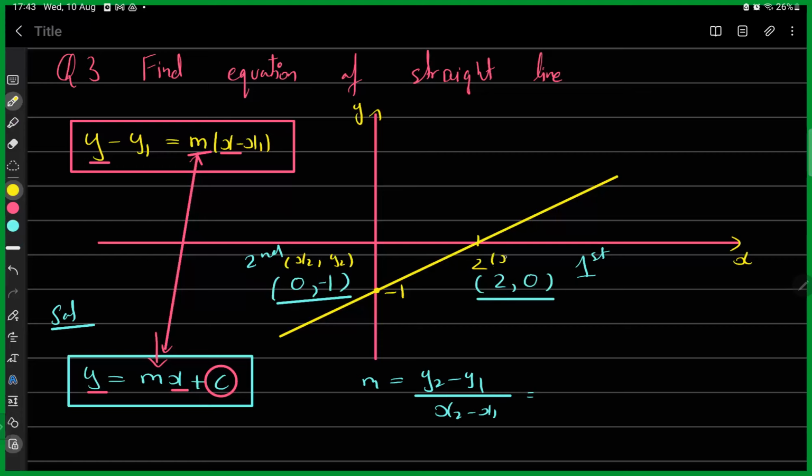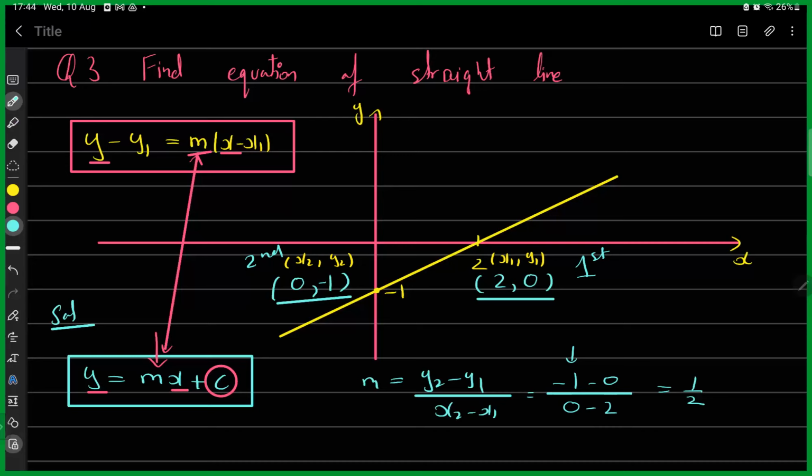This is going to be x1 and y1. Now y2 minus y1, so this would imply it's -1 minus 0 divided by 0 minus 2. So it's y2 minus y1 divided by x2 minus x1, and this would give you 1 by 2. So all of you were able to find 1 by 2 as the gradient.